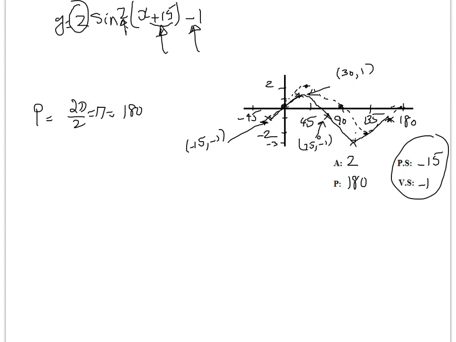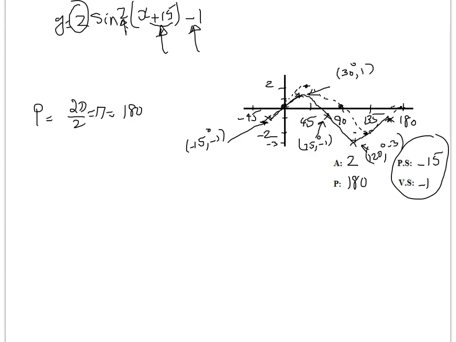And remember, all these are degrees. The next one is this point, which is the transformation of the point 135 and negative 2. So if I go 15 left, I get 120, and then 1 unit down, it was negative 2, so it's negative 3.